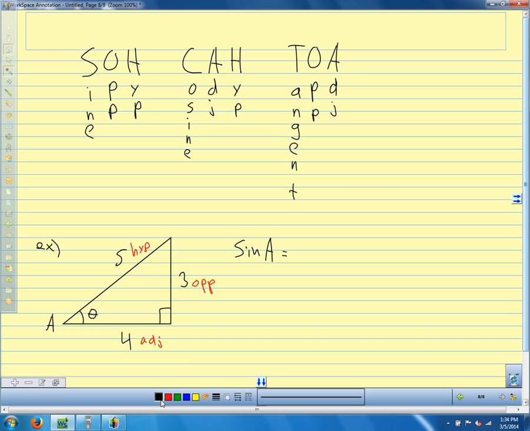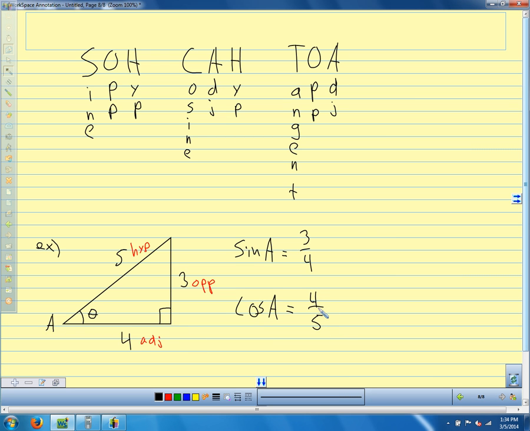Now we just pick out our ratios. Sine of A is opposite over hypotenuse, 3/5. So for this particular angle, no matter how big or small the triangle is, the ratio is going to be 3/5 for that angle. Cosine of A. SOHCAHTOA tells us the cosine is the adjacent over the hypotenuse, so that's going to be 4/5.